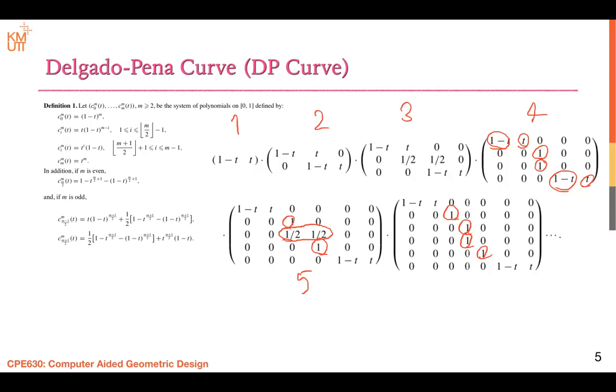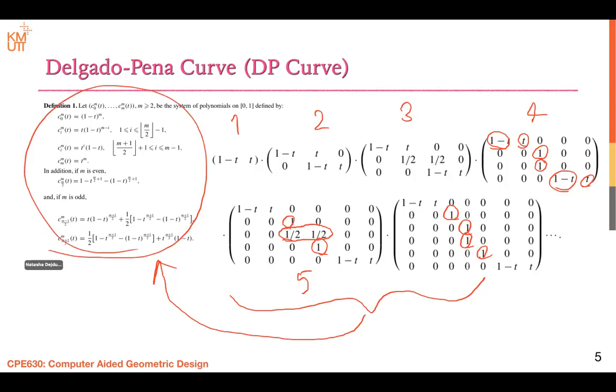Okay, so when they find this formula, Delgado and Pena have to formulate the equation of the polynomials of their curve, so they can get this formula.